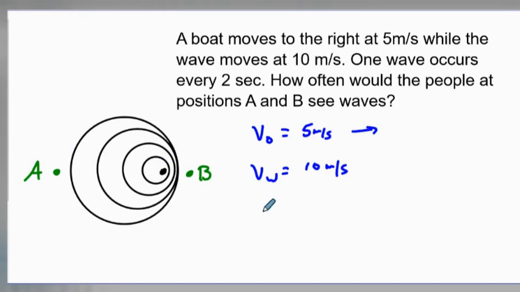And then we also have the frequency of the object. The object has one wave every 2 seconds. Let's keep that in mind. That's 0.5 hertz, a frequency. So we're seeing a wave every 2 seconds.